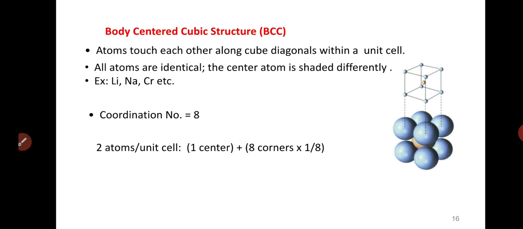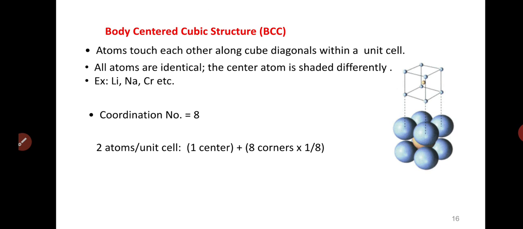The examples of this type of structure are lithium, sodium, chromium, etc. So again you can calculate the coordination number, that is nearest neighbor atoms. If you take any one atom, the center atom, we will find there are 8 atoms nearest to the given atom. So the coordination number is 8.